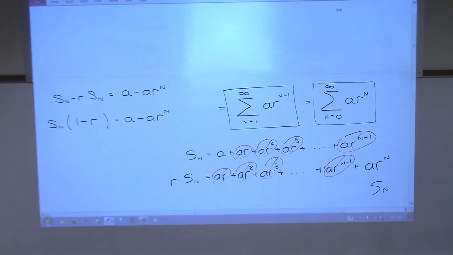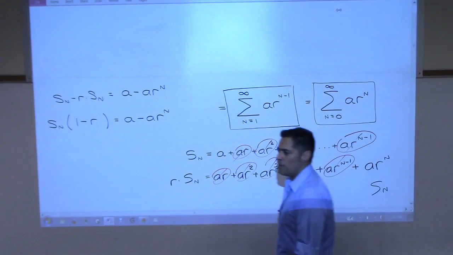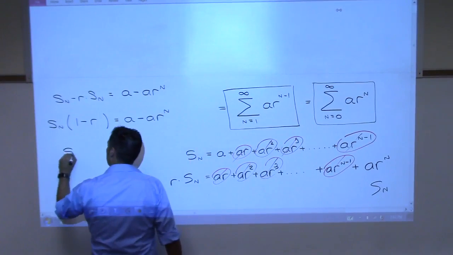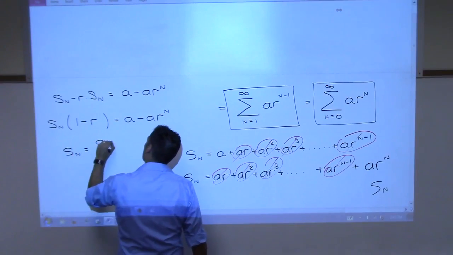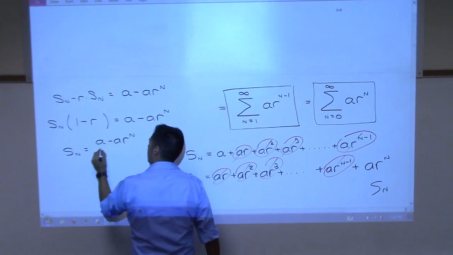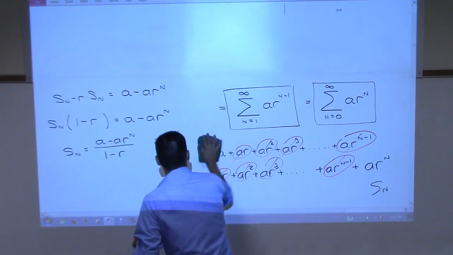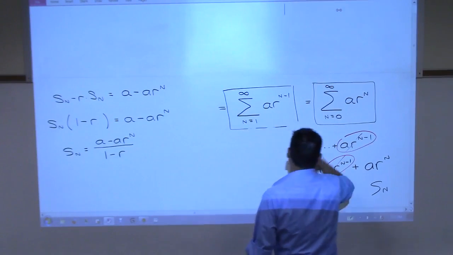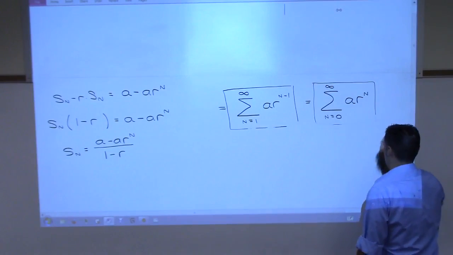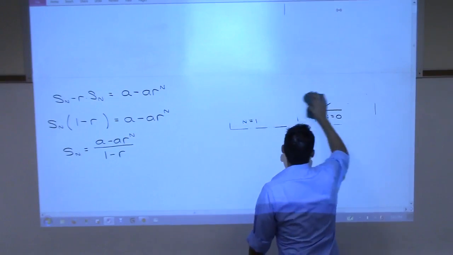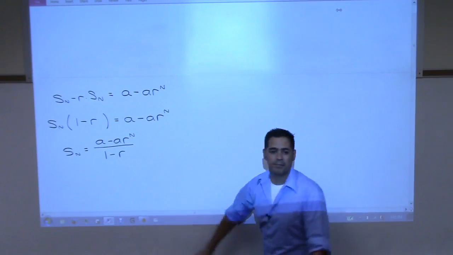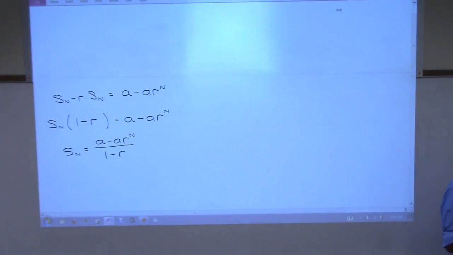Solve for S sub n. Divide both sides by 1 minus r. And what is great about that formula right there? I have a formula, right?